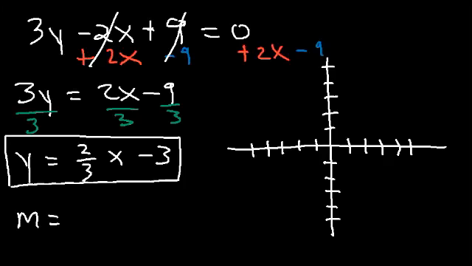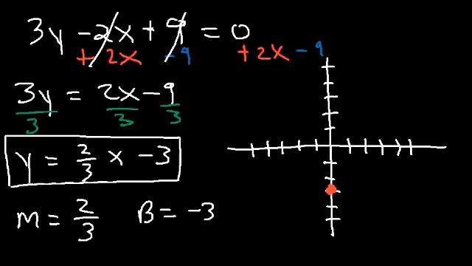So we can see that the slope is the number in front of x, that's 2 over 3, and the y-intercept is negative 3. Let's start by plotting the y-intercept, which is here on the y-axis at negative 3, and the slope is 2 over 3.